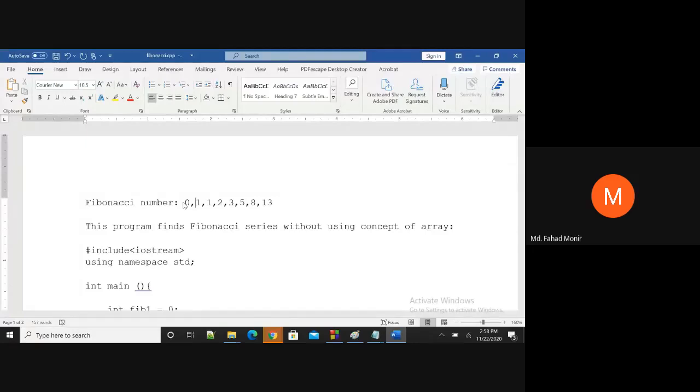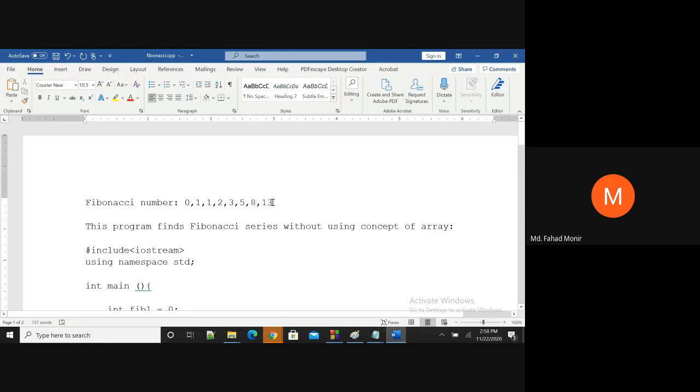So 0 থেকে শুরু হচ্ছে, 0 plus 1 কি দিবে? 0 plus 1 will give you the next number which is 1. Then 1 plus 1 will give you the next number which is 2. Then 2 plus 1 will give you the next number which is 3. 3 plus 2 will give you the next number which is 5. 5 plus 3 will give you the next number which is 8. 8 plus 5 will give you the next number which is 13, and so on.